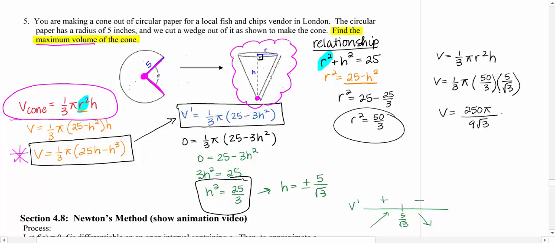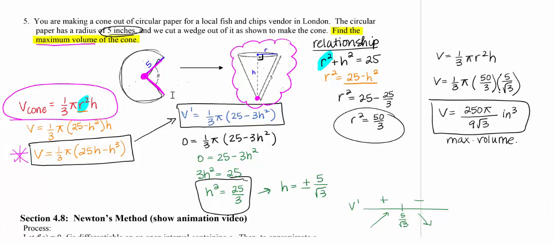And this would be inches cubed, right? Because it was 5 inches in the original problem and we're finding volume, and so this would be my max volume. Again, given the constraint that the radius of my original Pac-Man looking paper, which I'm going to cut out and create a cone with, had to be 5 inches. So given that, I can then find what that max volume would be.